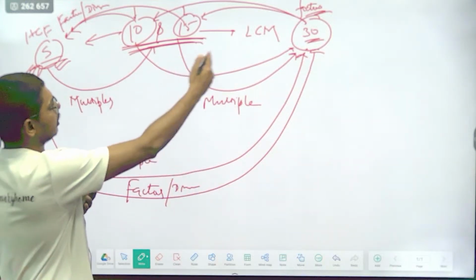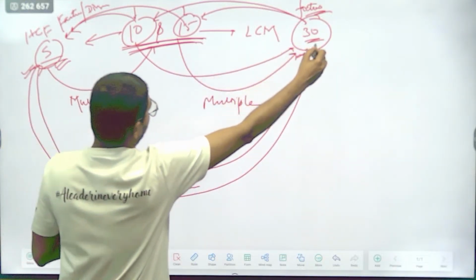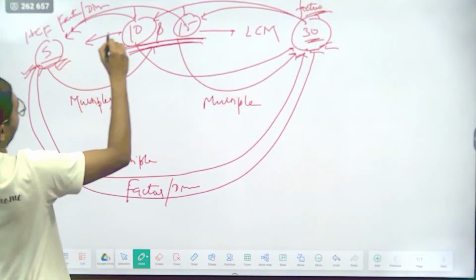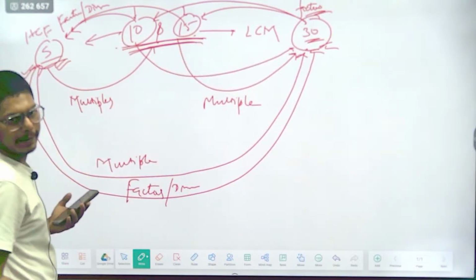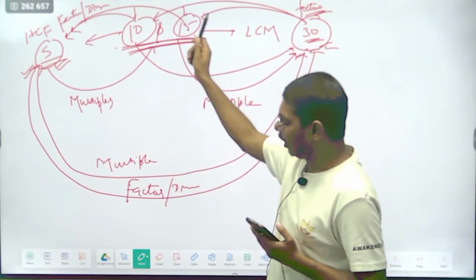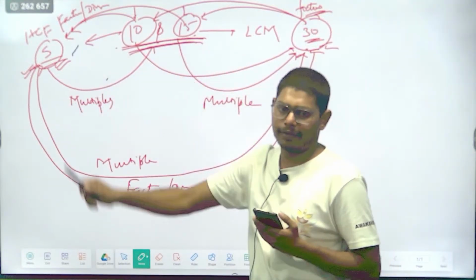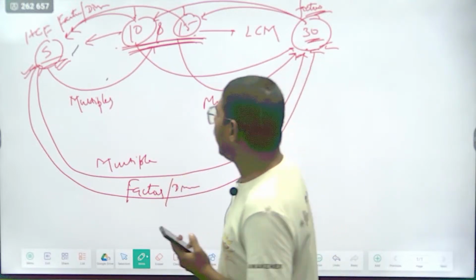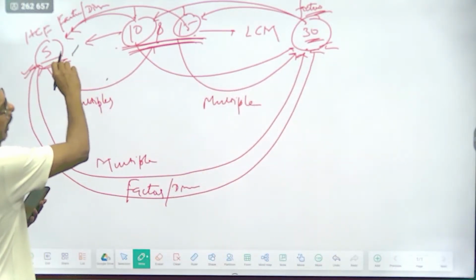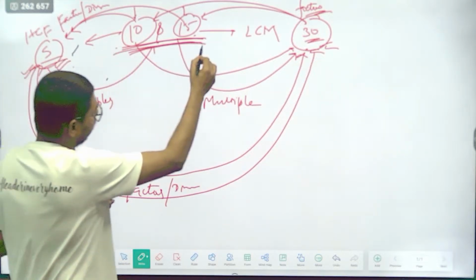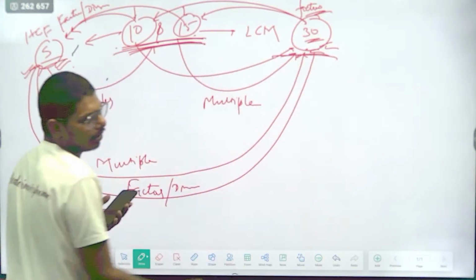So if it is greater, the LCM is going to be a multiple of the HCF and also of the numbers. LCM is a multiple of the given numbers as well as the HCF. The HCF will be a factor or divisor of the given numbers as well as the LCM.